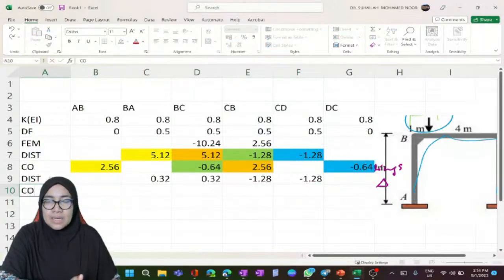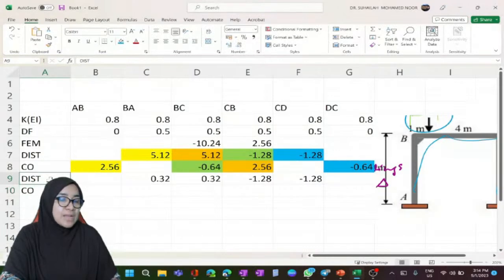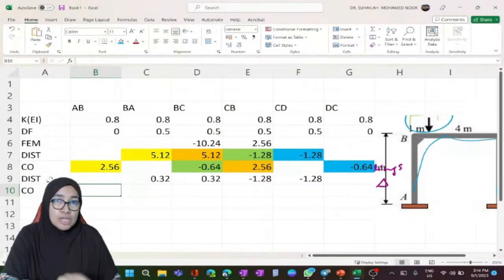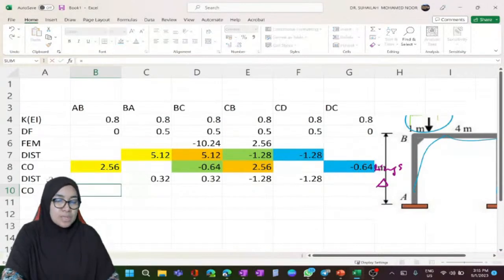The factor is 0.5, so we have to divide by 2 for each value, since everything in this frame is fixed, including the internal supports. We just need to multiply by the factor.